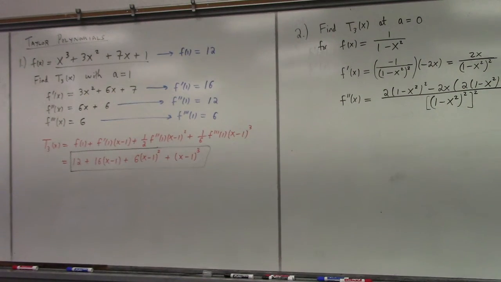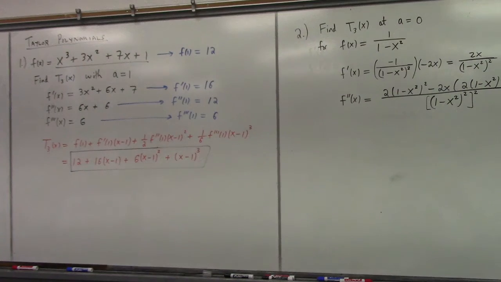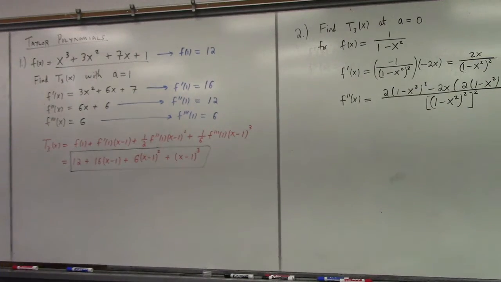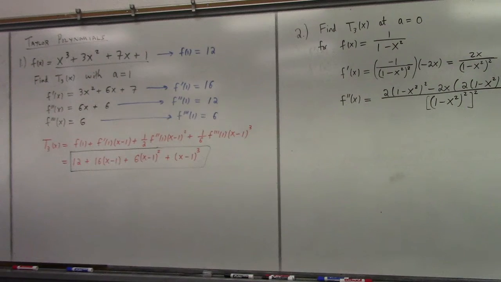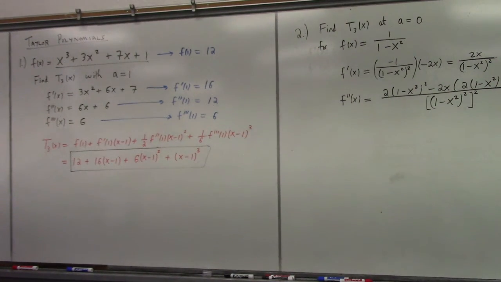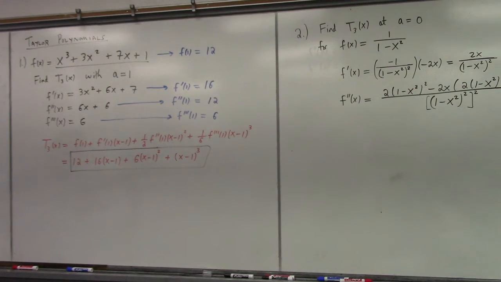I get 10 minus 2x squared over 1 minus x squared to the 4th power. But if this was my homework and I was turning it in for a grade, I would definitely have opened up Wolfram Alpha and checked myself. So let's see here, we got what? 1 divided by 1 minus x squared.